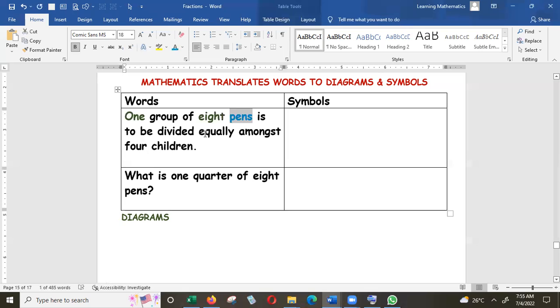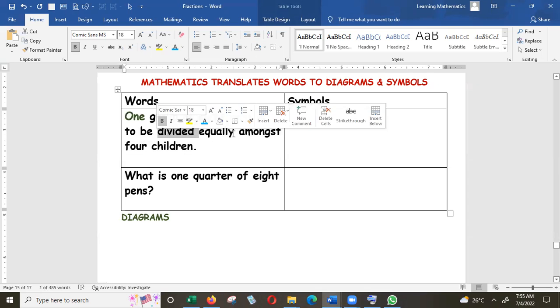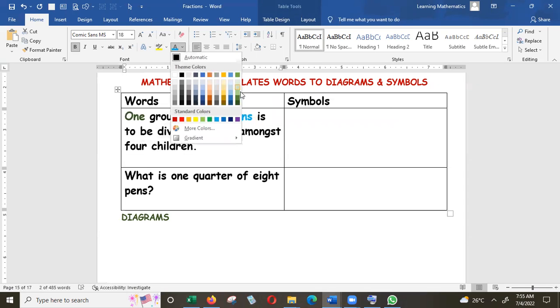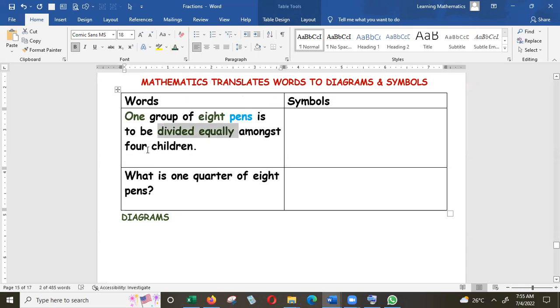Once a word does not have a formal symbolic translation in maths, you can use any symbol, you can even use a diagram for it. So you may use a diagram for pens. Divided equally have their symbolic translation because they are important words in mathematics. 4 is an important word in mathematics, so it has its symbolic translation.